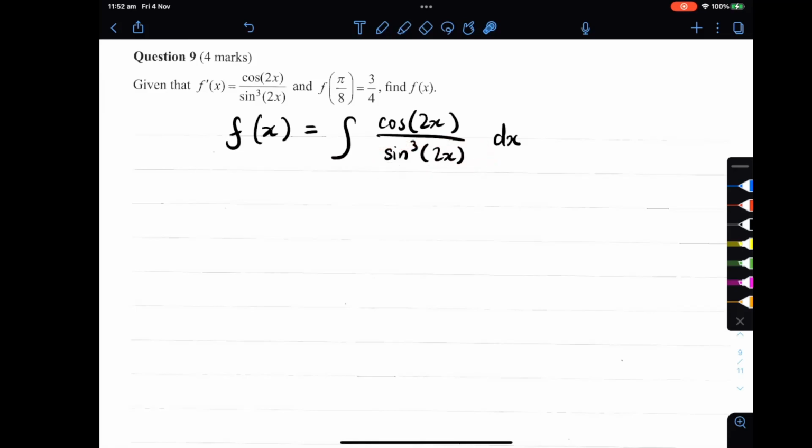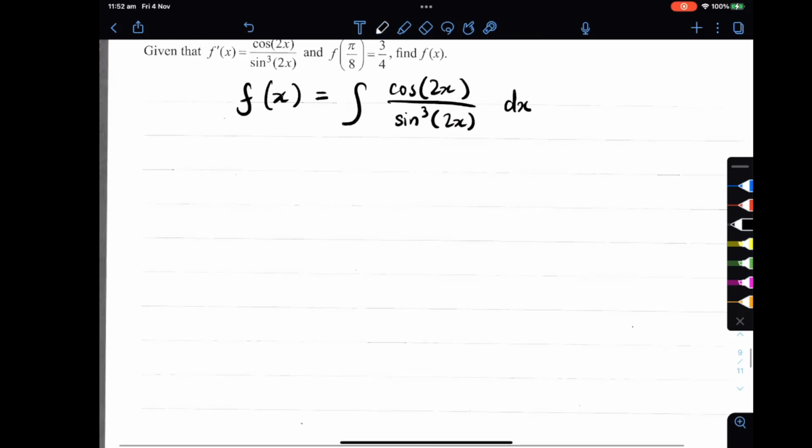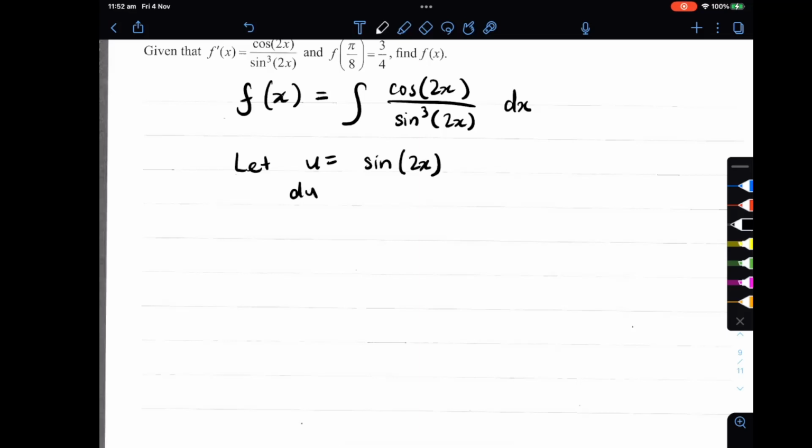It doesn't help here simply because it's a fraction. So if I were to notice anything, we could try U sub. So maybe we let U equal to the bottom part. So U is equal to sine 2x. If we differentiate this here, we're going to get 2 cosine of 2x. And so we get du is equal to 2 cos 2x dx.